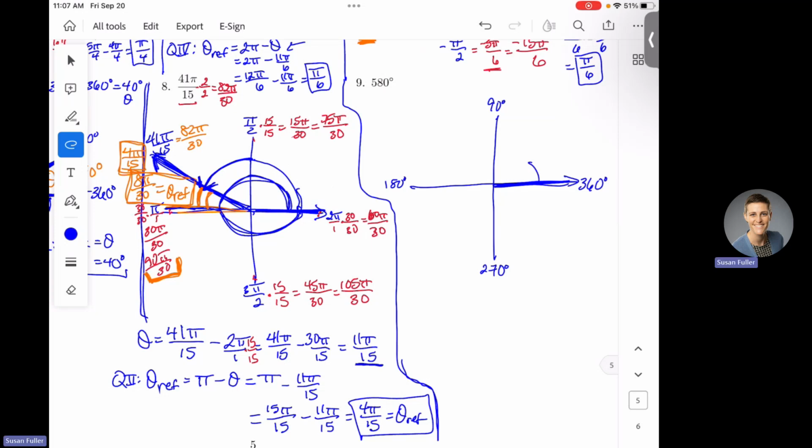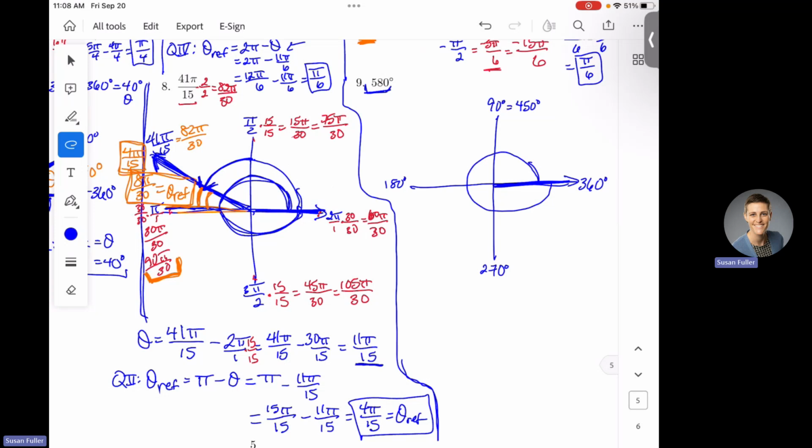And again, we're going to rotate. It's a little bit easier to do this in degrees, right? So 580, I'm going to start here. I'm going to go all the way around to 360, and I'm going to need to keep going. So we're going to have to keep adding 90 degrees as we go. So 360 plus 90, this would be 450 degrees.